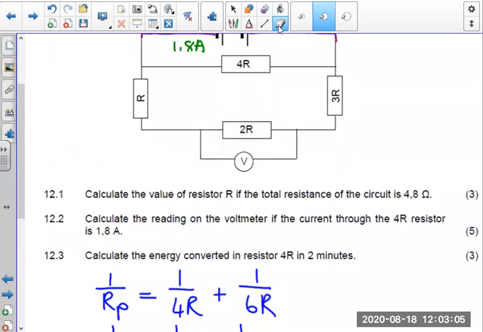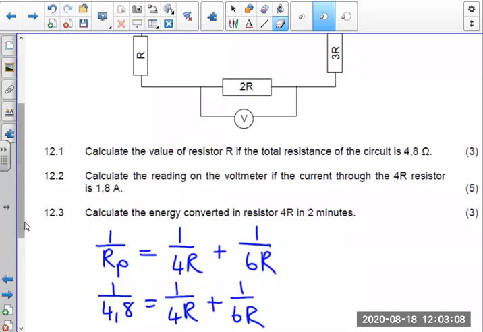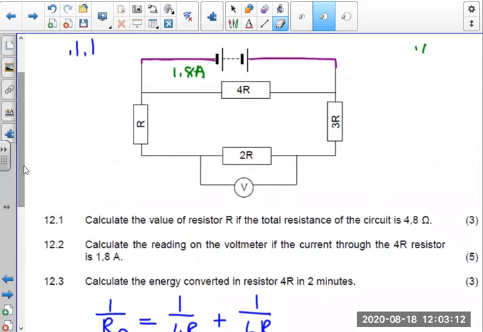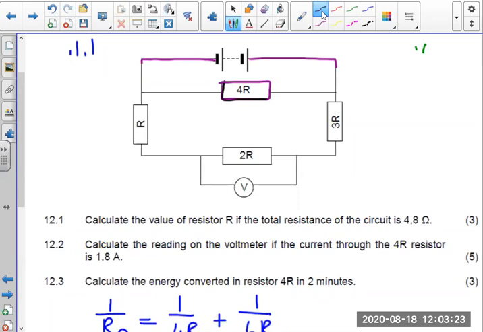Right, the question says we have to calculate the energy in the 4R in 2 minutes. So they want us to calculate the energy here in 4R. Okay, what do we have for the 4R? We have the current, because we worked that out in the first question or so.